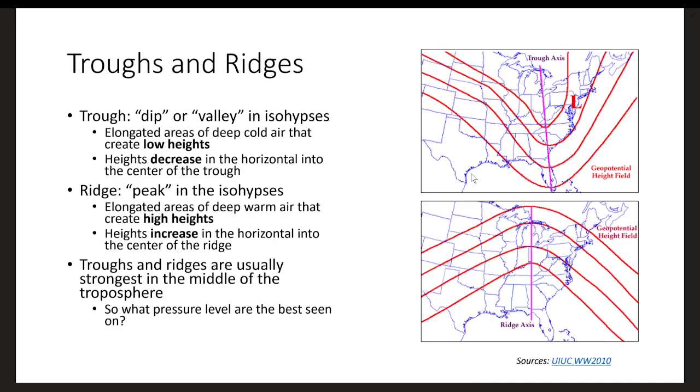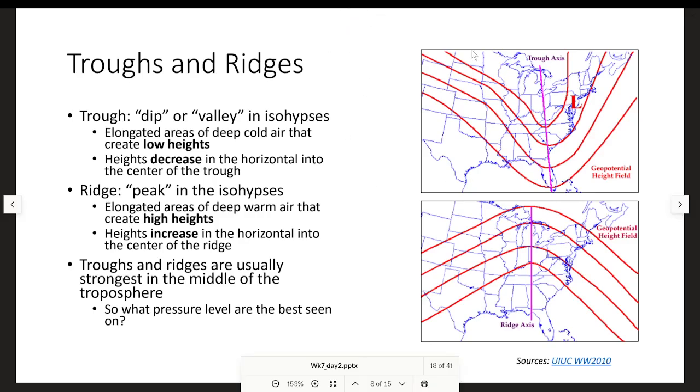Ridges and troughs, the bread and butter of meteorology. A trough is a dip or a valley in these lines of constant height. That's why troughs can create low pressures. They're elongated areas of deep cold air that create low heights, and the heights decrease in the horizontal into the center of the trough.